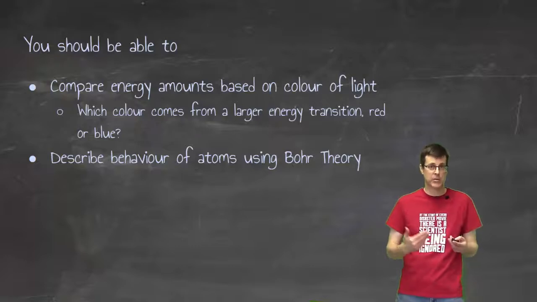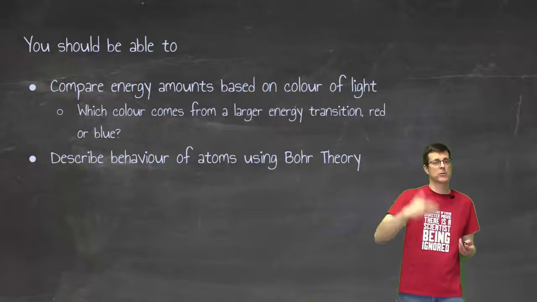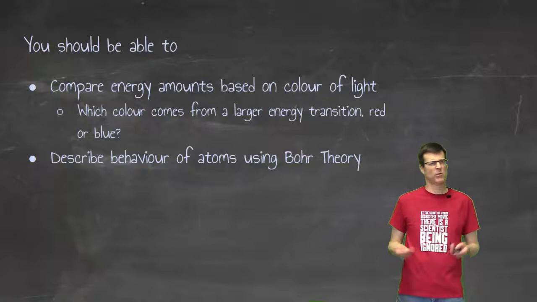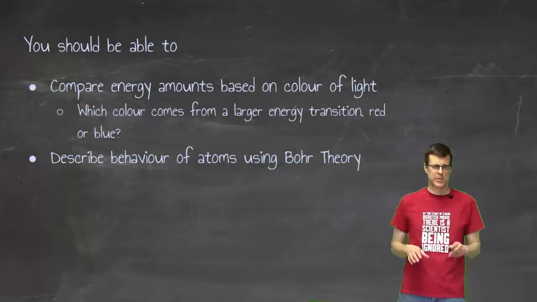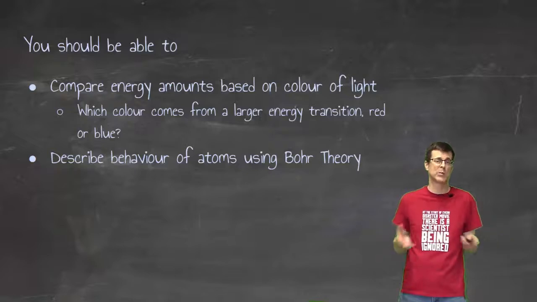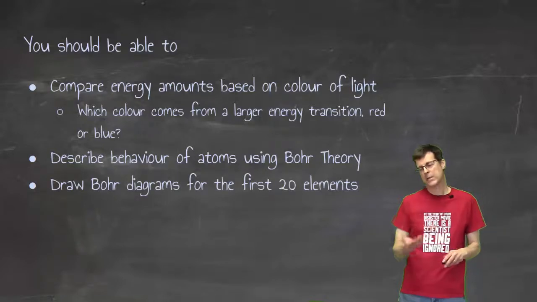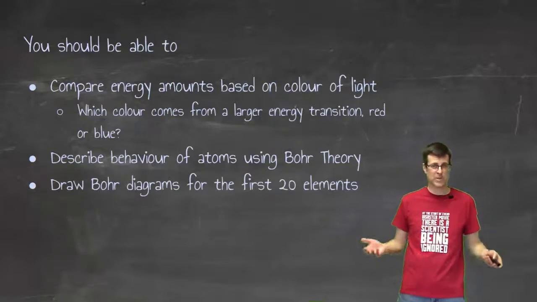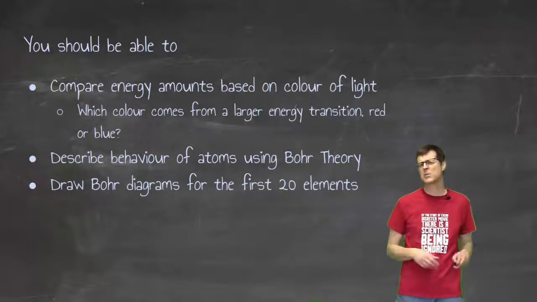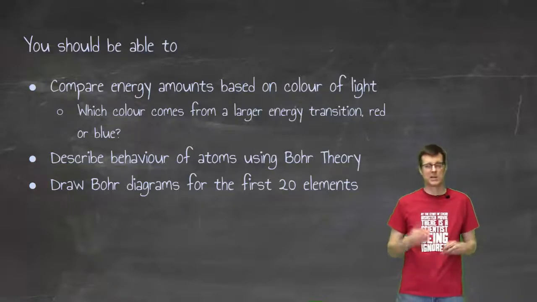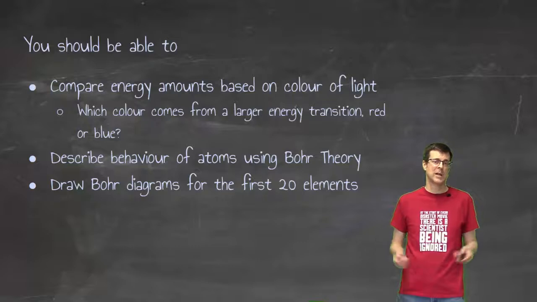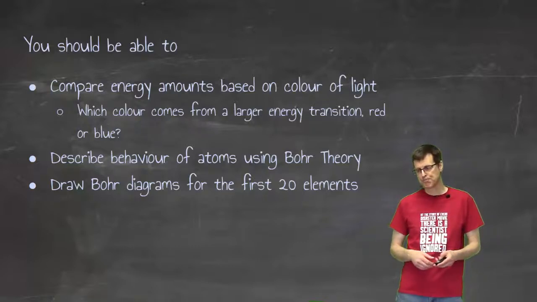So energy in, electron jumps up, electron falls back down, energy out. That kind of thing. We'll give you some really specific examples in order to do that, where you'd have to build that out, but that's basically the thing. And then finally, drawing Bohr diagrams for the first 20 elements, although I'm probably not going to do much past 18. Again, they get really big really fast, and they don't really help us to go that much larger.